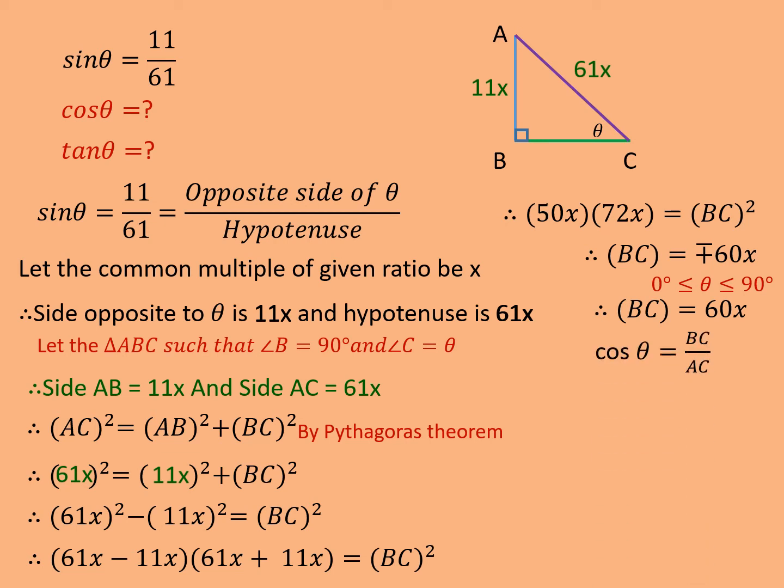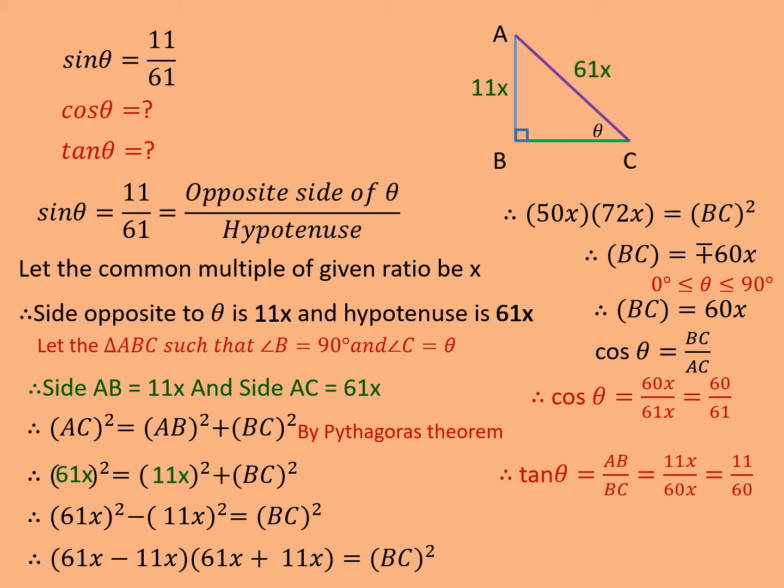So cos theta, as you see, is adjacent side upon hypotenuse, so BC upon AC. When I substitute the values, BC is 60x and AC is 61x, x and x get cancelled, and we get the answer as 60 upon 61. So cos theta is nothing but 60 upon 61.